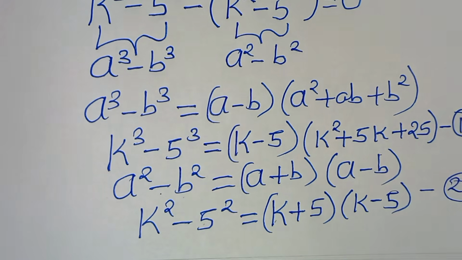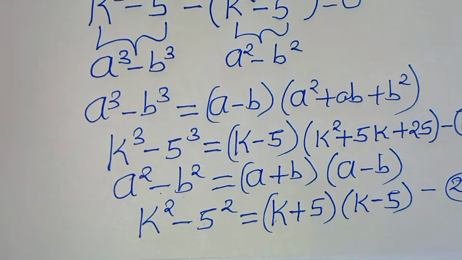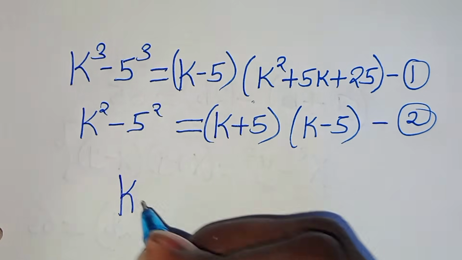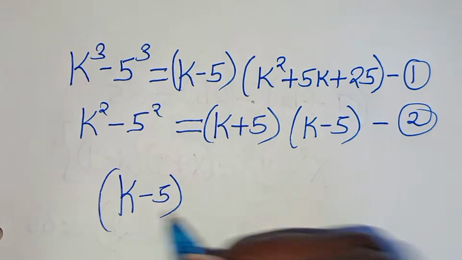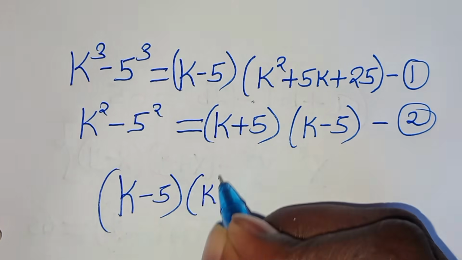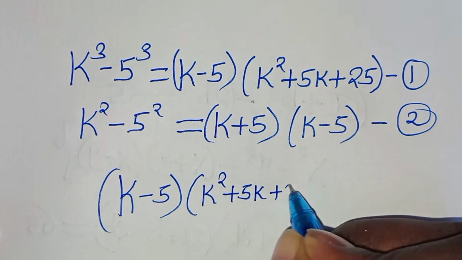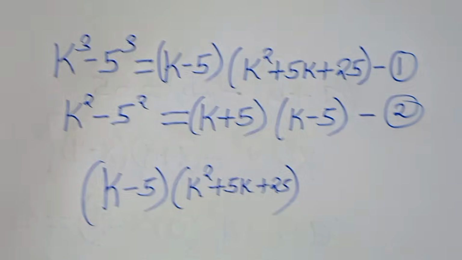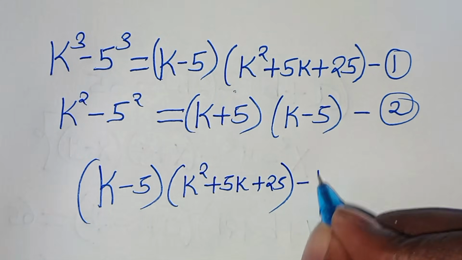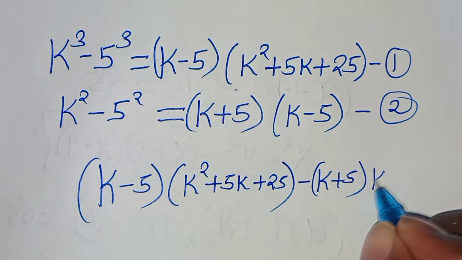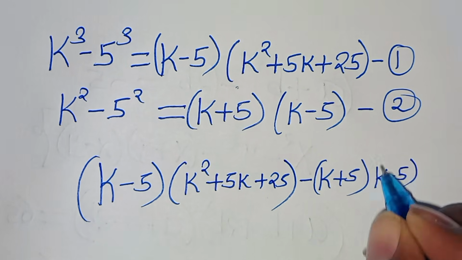Now let's combine the first part and the second part. Now combining the first part and the second part, this means we have k minus 5, k to the power of 2 plus 5k plus 25, then subtract k plus 5 multiplied by k minus 5. This is equal to 0.